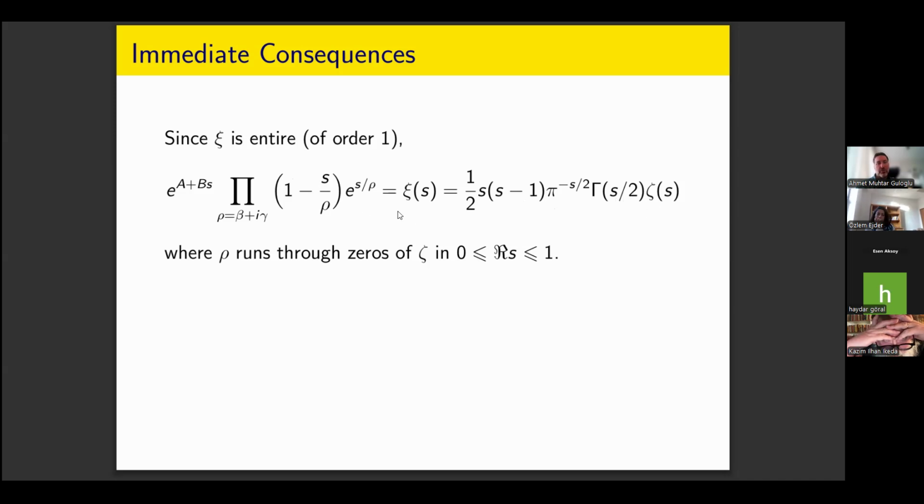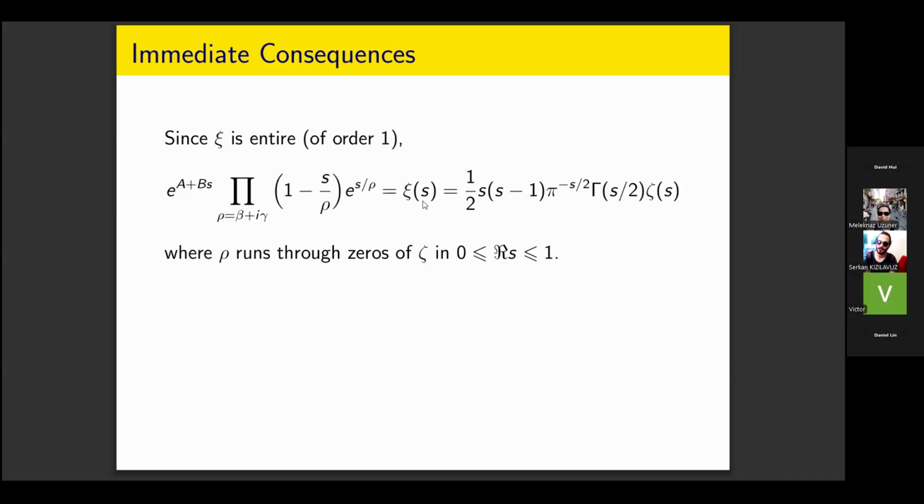Therefore, all the zeros of this function should be coming from the zeros of zeta itself. Yeah, the zeros of zeta and psi are the same. The pole of gamma cancels the 0 here.